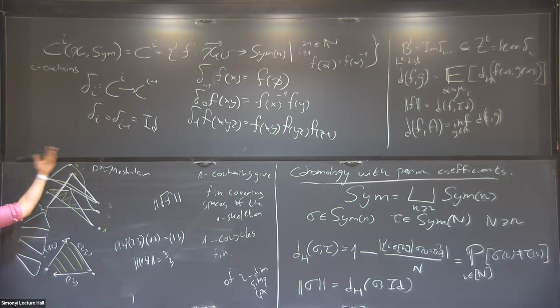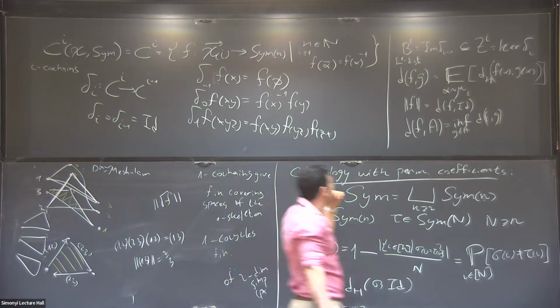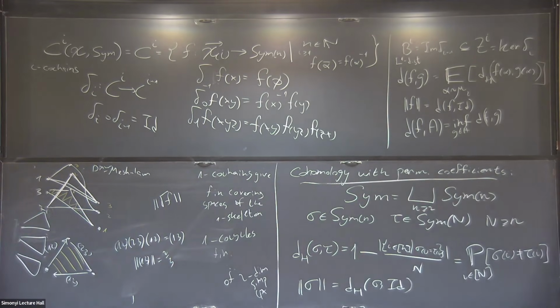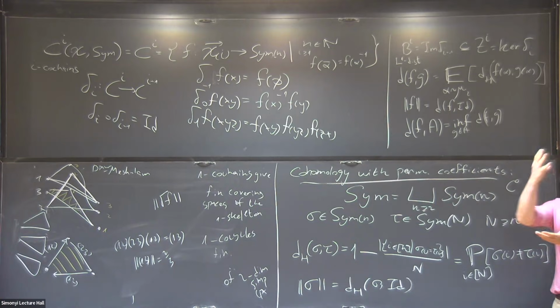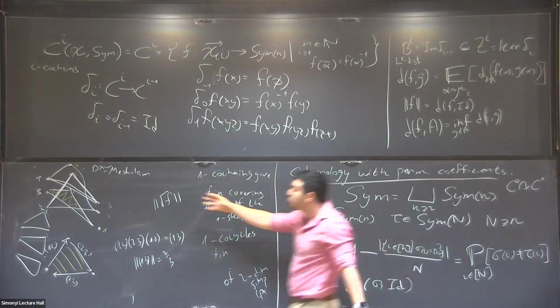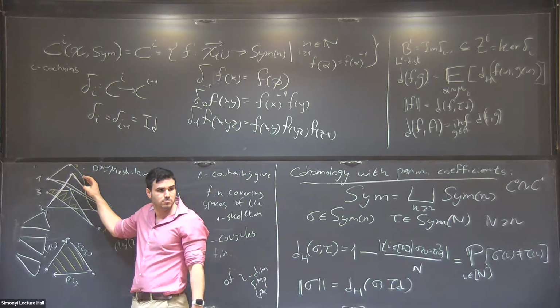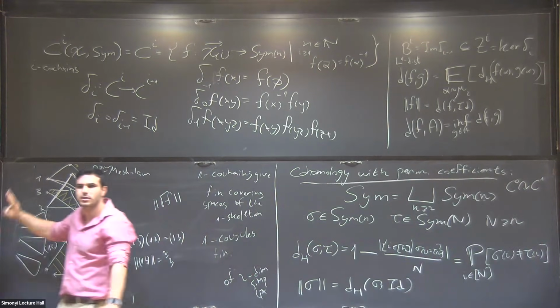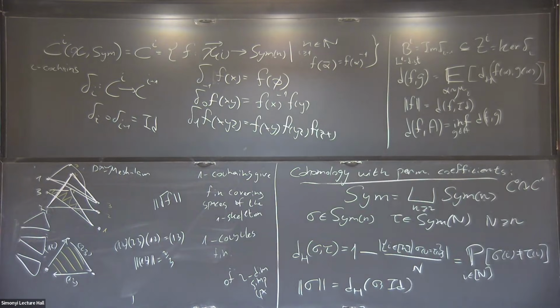Actually, that is exactly the fact that the 0 cochains, which are just permutations on the vertices, act naturally on the one cochains. So they change the names of the one cochains in a way that doesn't actually change the covering space. So that's another remark that I will need later. So just keep it in mind.